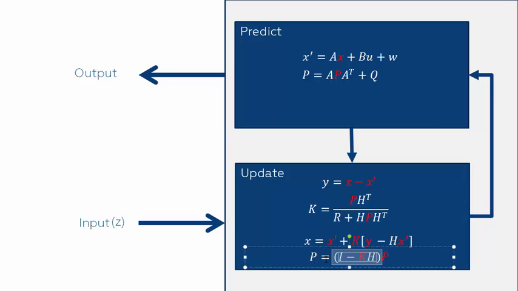Don't worry about that too much, because that's not necessary to get the intuition. And I is just an identity matrix for you to do this calculation. So yeah, that's it. This is all the Kalman filter is about, where you try to predict, and you try to update as you get new information.